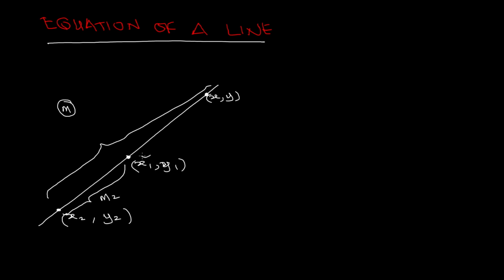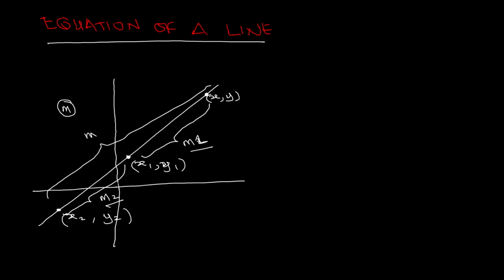That section here will have a gradient called m1. So we have m1, we have m2, and then we have m this side. Now, remember, this is still on our number line, so it could be something like that on our Cartesian plane, where we have our x-axis and then our positive y-axis this side.